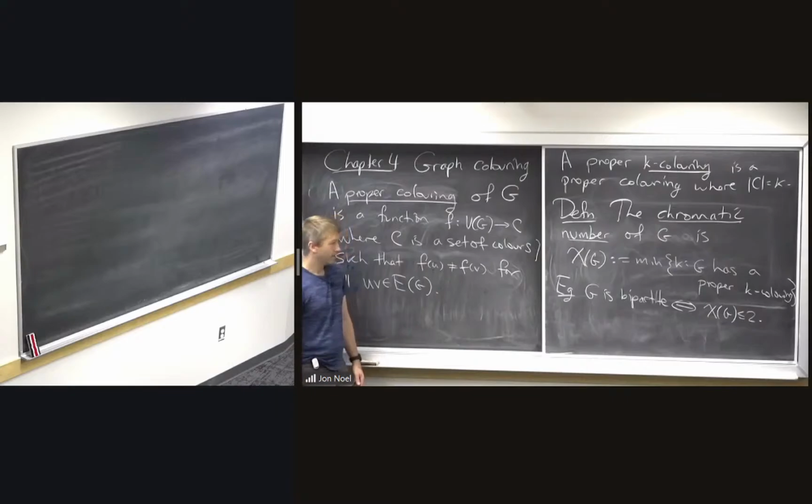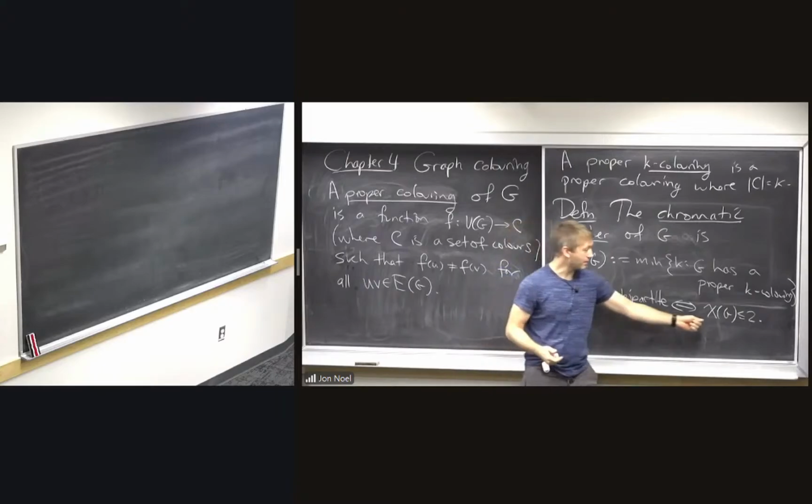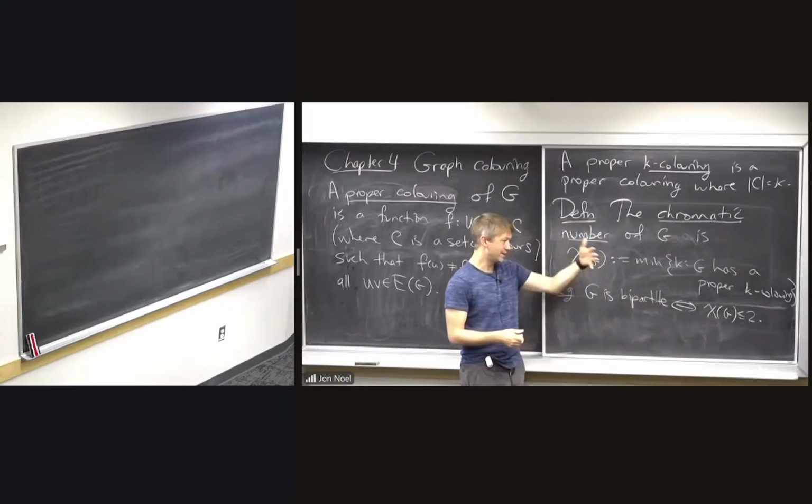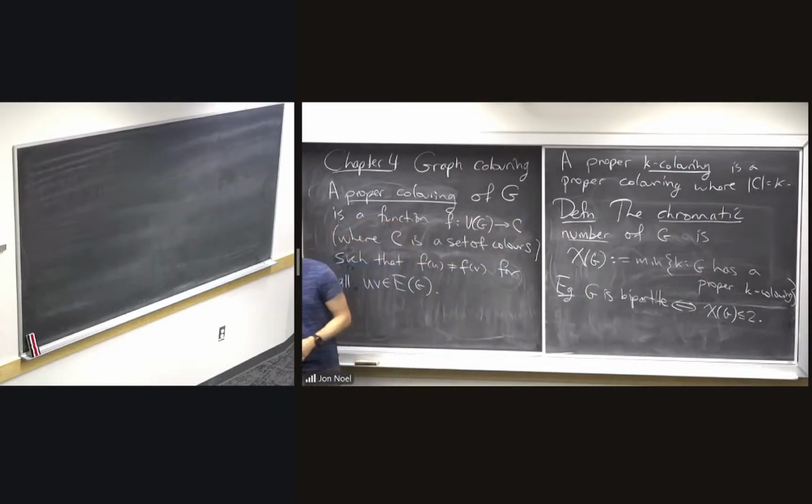I say at most 2 because it could be 1 if there are no edges at all. If you think about it, if it's bipartite, you could color the first side of the bipartition with red and the other one with blue. All the edges go across. And vice versa, if the chromatic number is at most 2, take the red vertices, that's one side of the bipartition, the blue vertices are the other side.